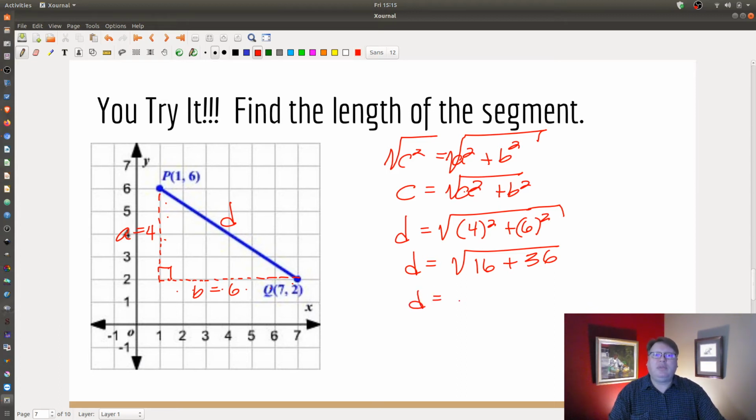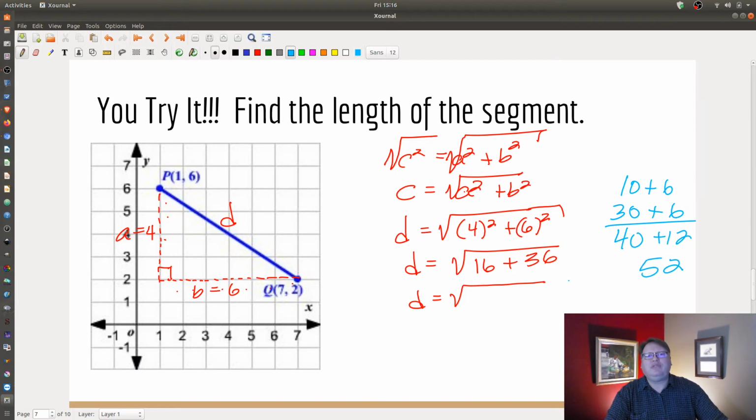So let's see what we got. What is 16 plus 36? An easy way to do this mentally is I can treat this as 10 plus 6 and 30 plus 6 and add these together. 10 and 30 add up to 40, 6 and 6 add to 12, and 40 plus 12 is 52.